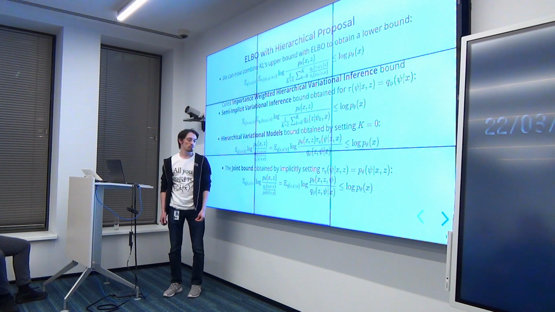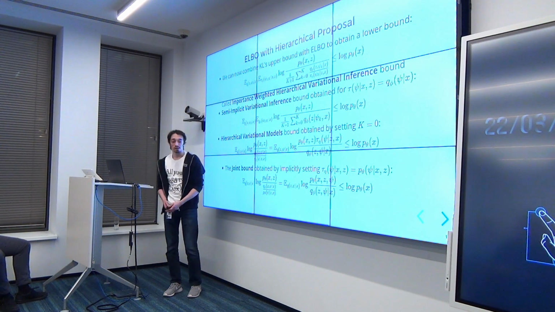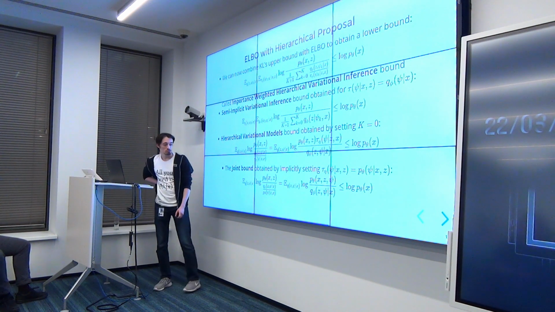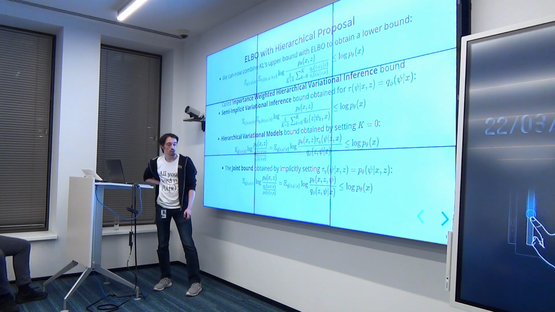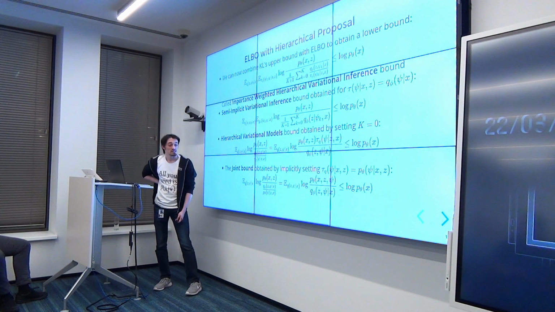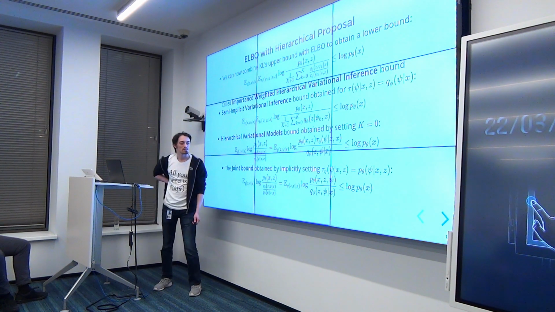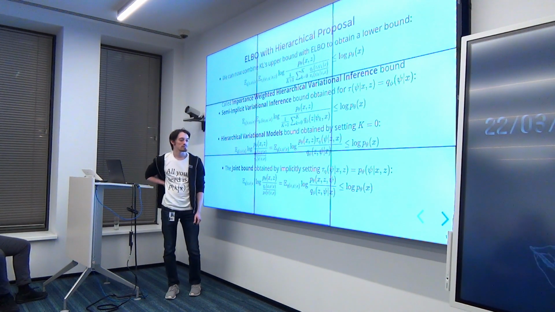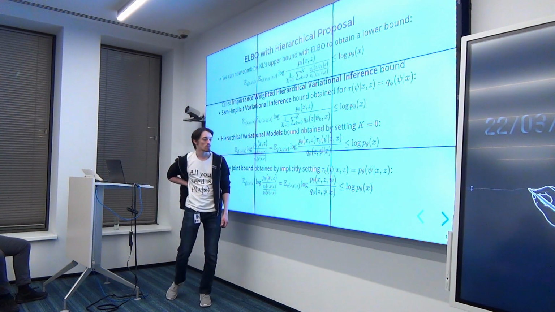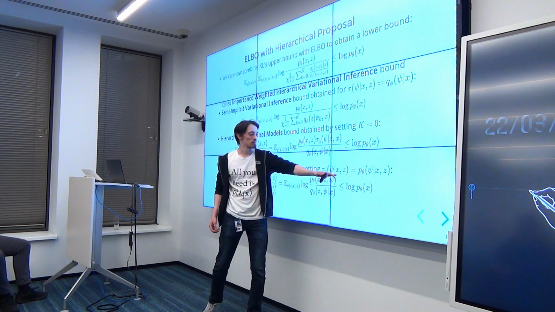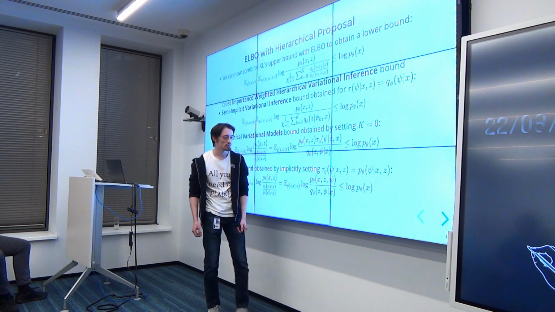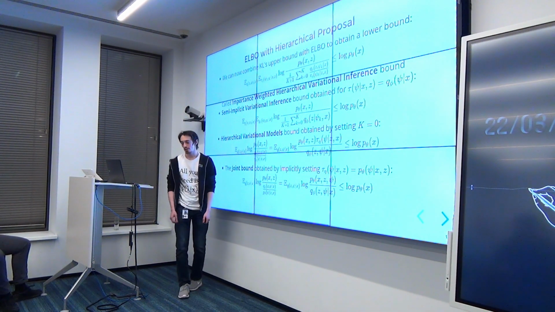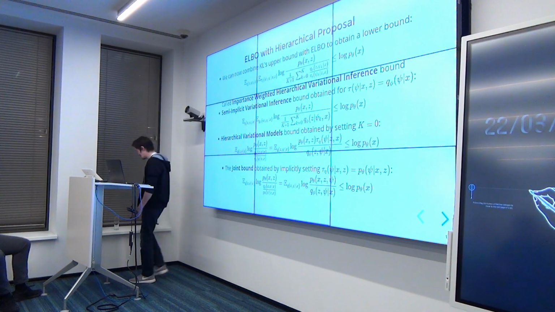That's the way people tended to do variational inference in such hierarchical models some time ago, and it's based on very unrealistic approximations. This thing is very unrealistic, so I would advise you not to use this bound.